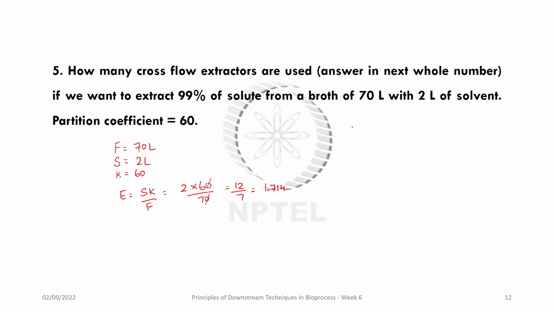So how do you find out? They want to extract 99% of the solute, correct? So XR is 0.01 of XF, correct? Only then you are extracting 99% of the solute in feed. So XR by XF is equal to 0.01 XF divided by XF, 0.01. And you can bring it to the denominator right away. So this part is clear, right?